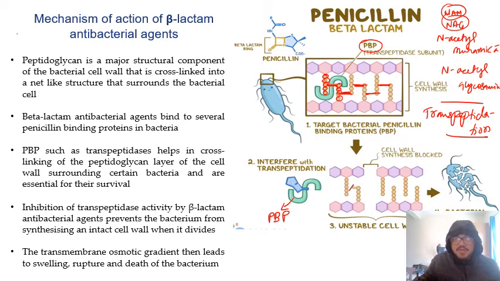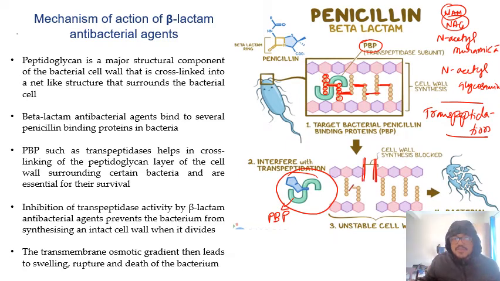What happens is all the beta lactam antibiotics will bind to and inhibit this penicillin binding protein, and therefore there won't be any cross linking, and there will be many gaps in the cell wall of the bacteria.